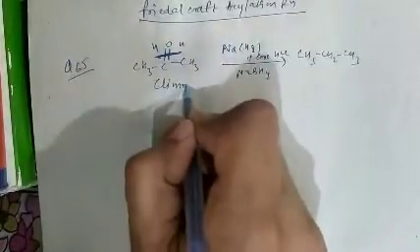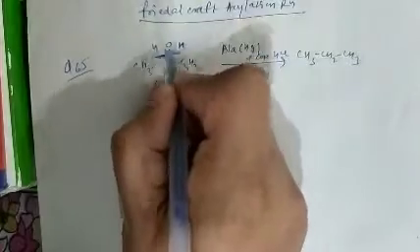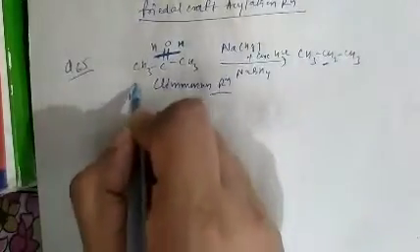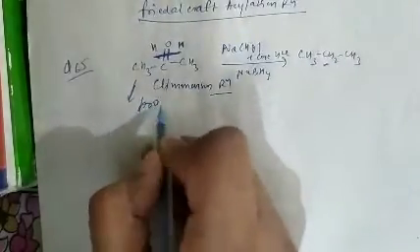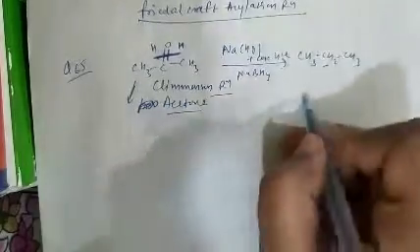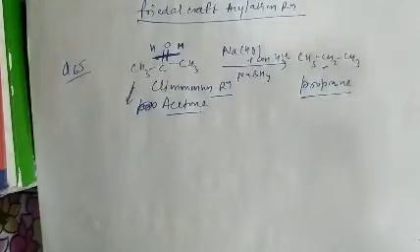This reaction is called Clemmensen reduction. As oxygen is removed, in place of oxygen, hydrogen is added. Therefore, it is reduction. So propane is obtained from acetone, that is propanone gives propane. So question number 65, option C is correct.